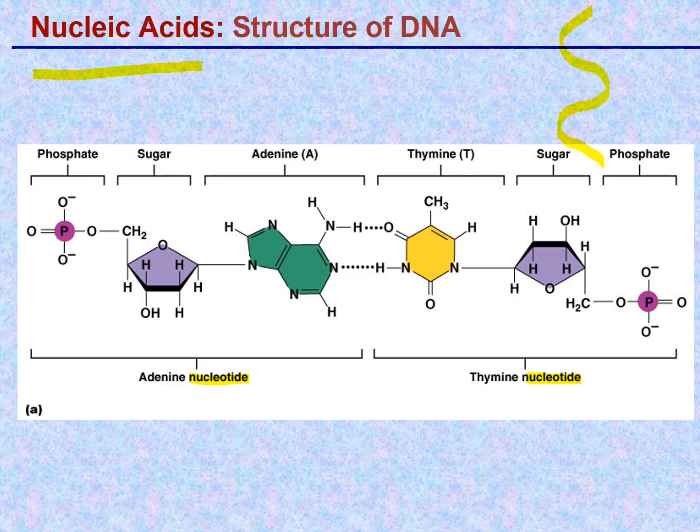Let me draw the other one in a different color so you see. They wind around each other, and they can be much longer than this. The rest of the molecule is located across, sort of like steps in a ladder. You have it going across like that, and that's what's shown here.